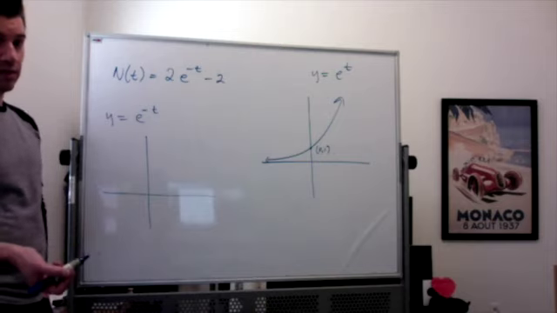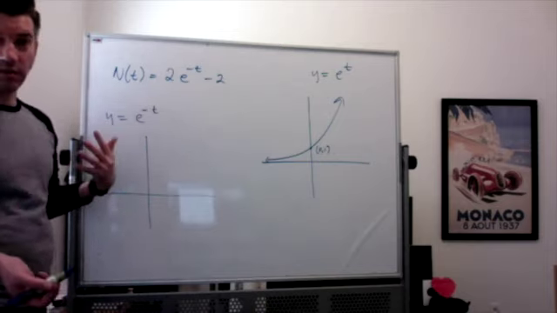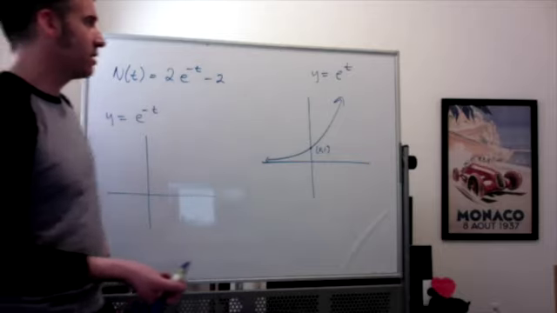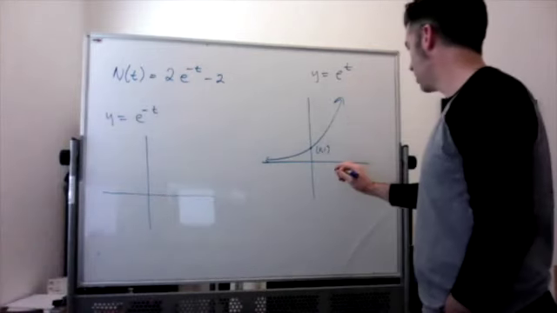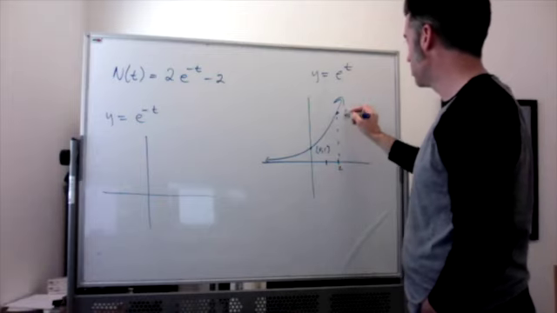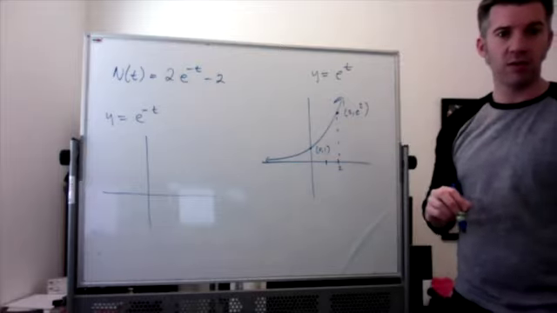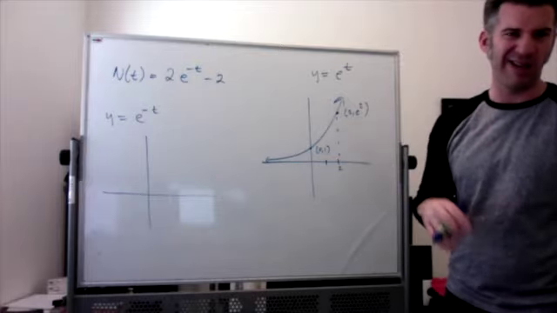Well, here's what I'm thinking about. I know that no matter what t is, e to the something is still going to be positive. Basically, here, if you plug in, say, 2, you get 2 comma e squared. E squared is like about 8.